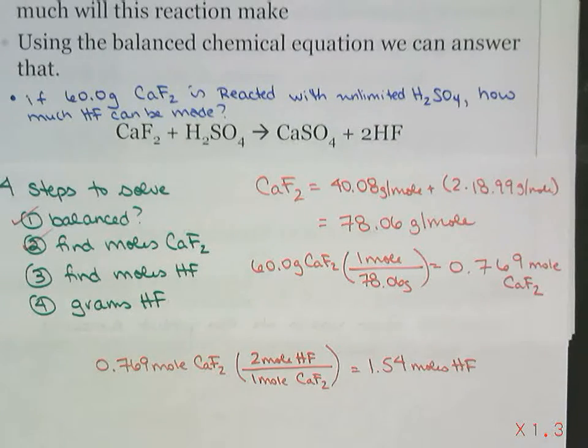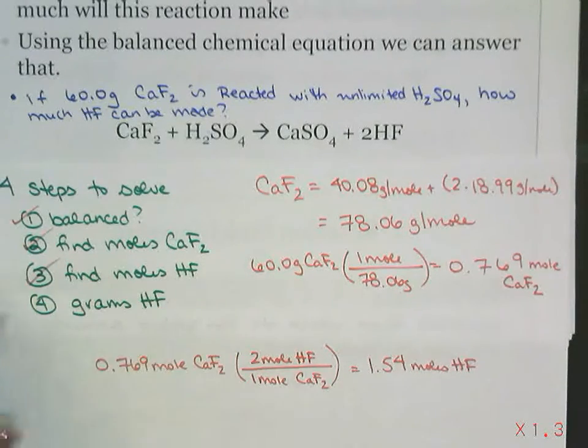Okay, now I have moles of HF. Now I want to go from moles of HF to grams of HF. What do I need to know about HF? We know its molar mass, which is 19.99. Where do I put the mass? On the top or on the bottom now? Oh, yeah, sorry.